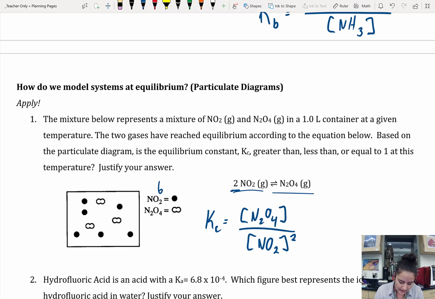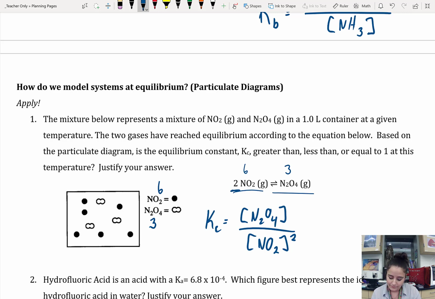Note, in this, we have 6 NO2s and, oh sorry, 3 N2O4s. I can count. So we got 3 of these and 6 of these. We have more NO2. So does that mean that the equilibrium lies with the reactants to the left or with the products to the right?